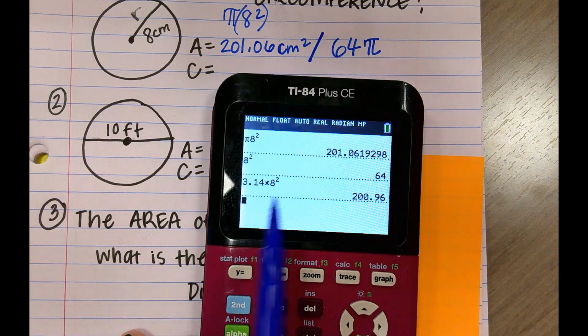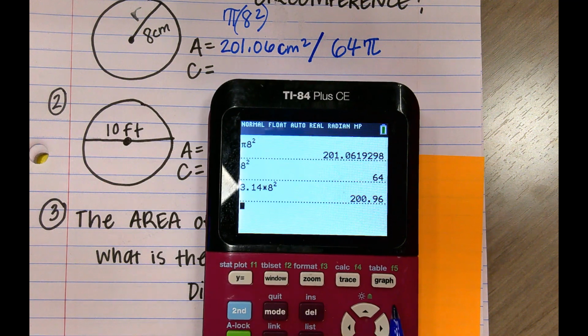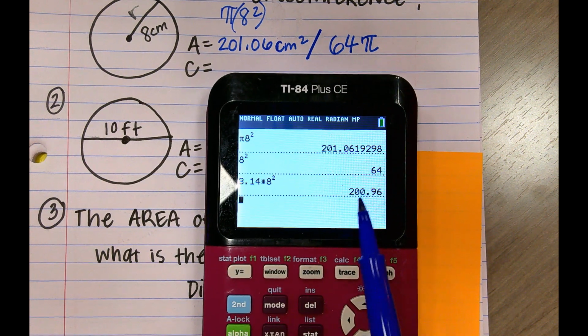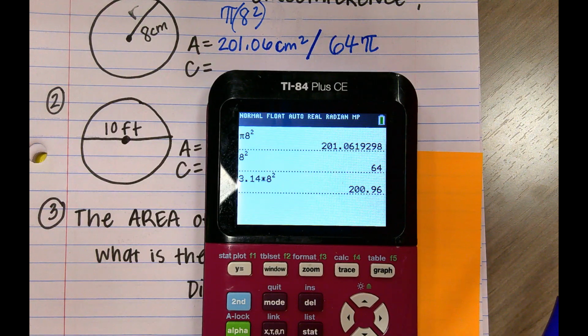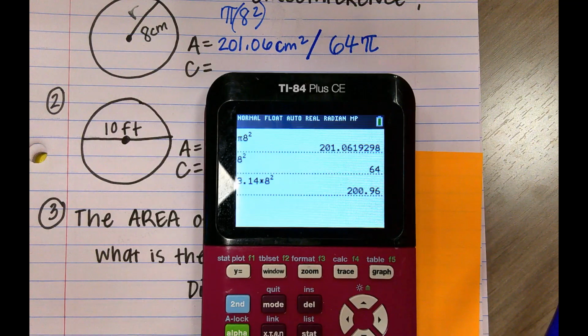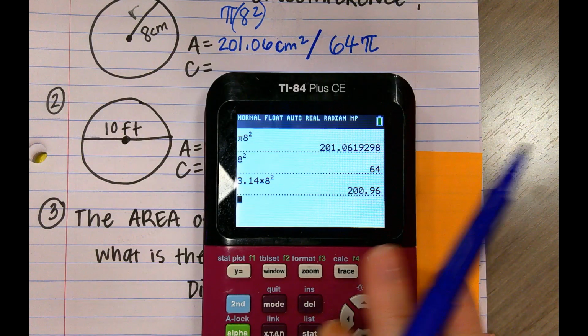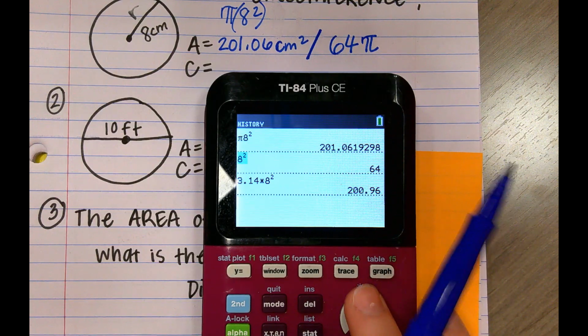Don't just do 3.14 because then you're missing quite a few places. Your answer is going to be off by at least 0.5. In this case, it's off by a decent amount.